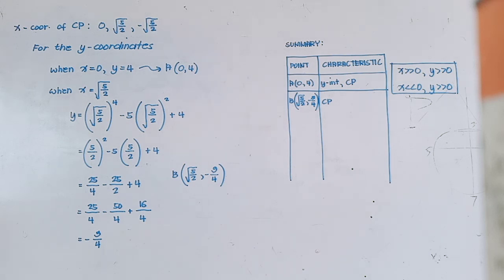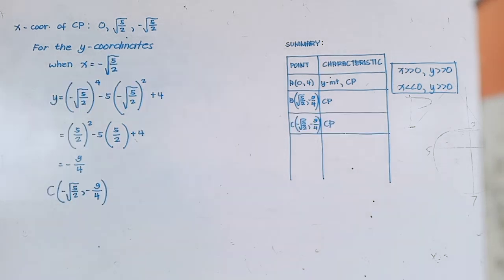So whenever you want to determine a point, all you have to do is test whether it satisfies the given relationship or not. Then substituting the last x coordinate will give us the same y coordinate, and that will be our point C, our third point, and this is already enough to sketch the graph of the given polynomial. So watch out for part 2 of this video.